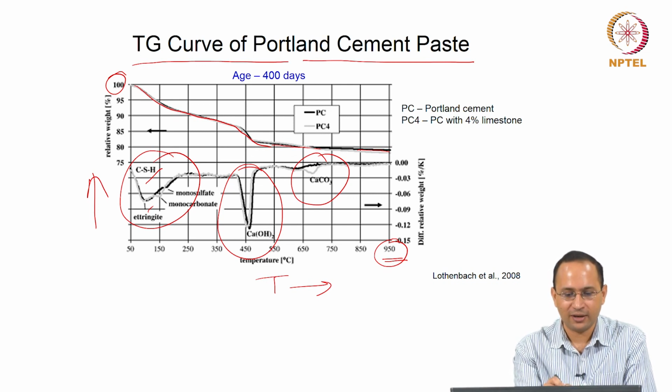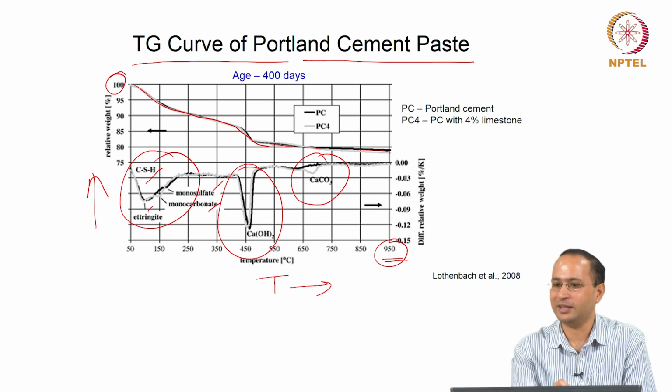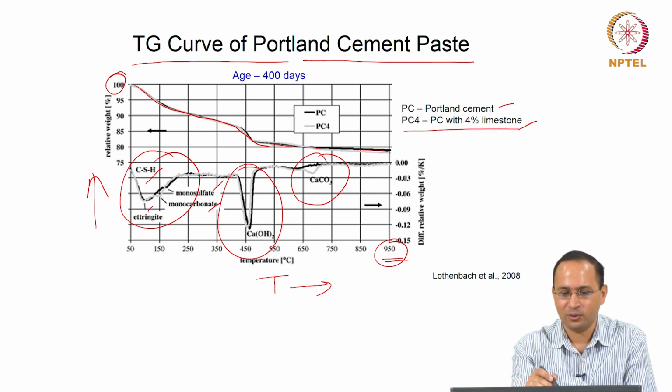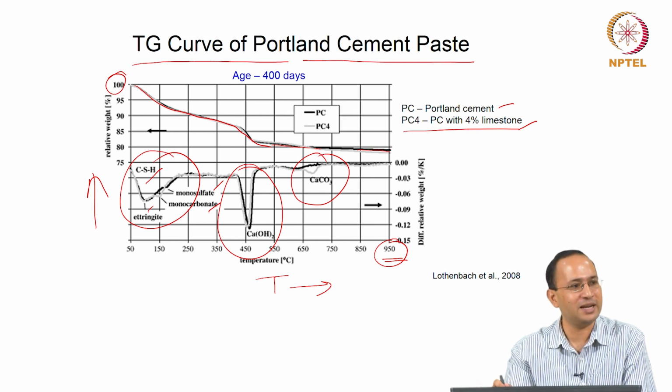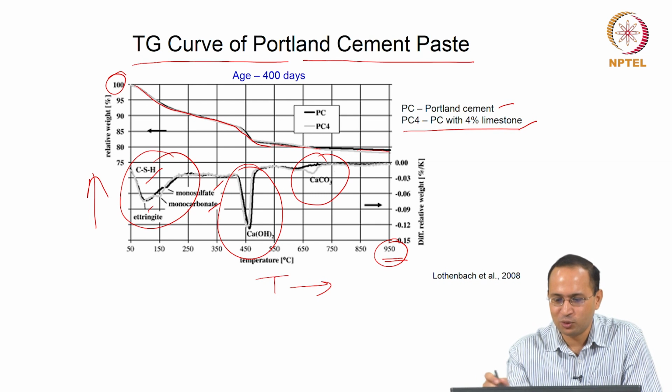You have other phases, monosulfate, monocarbonate in this case, right, because there are 2 samples here: the dark one is PC, Portland cement, and the bright one is PC4, meaning Portland cement with 4% limestone. So, notice in the limestone case, first of all you see this extra peak.